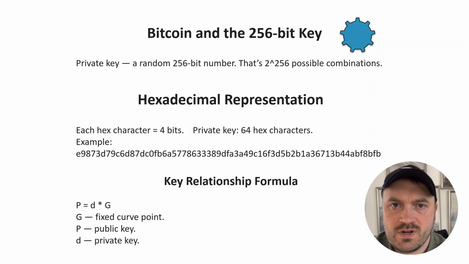So, to represent 256 bits in hex, divide 256 by 4 and get 64 characters. That means a 256-bit private key will look like a 64-character string in hexadecimal format.